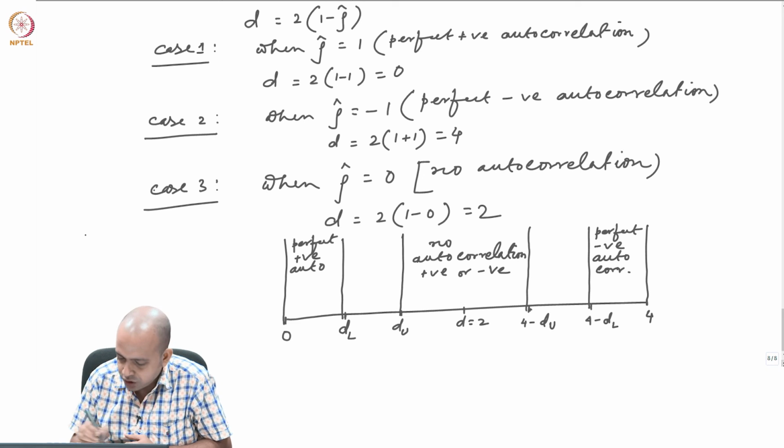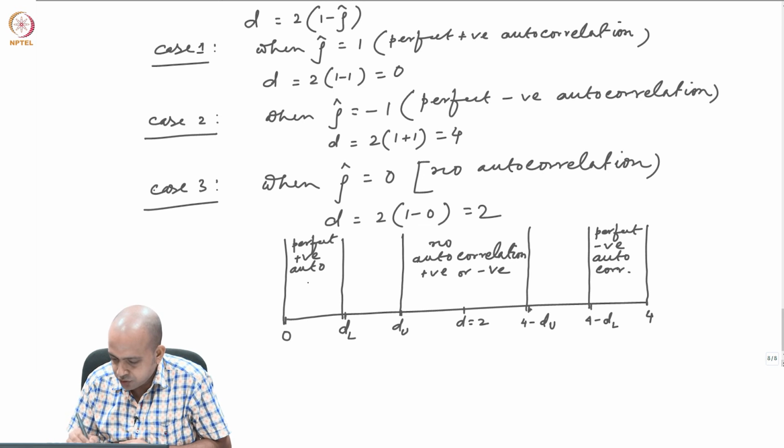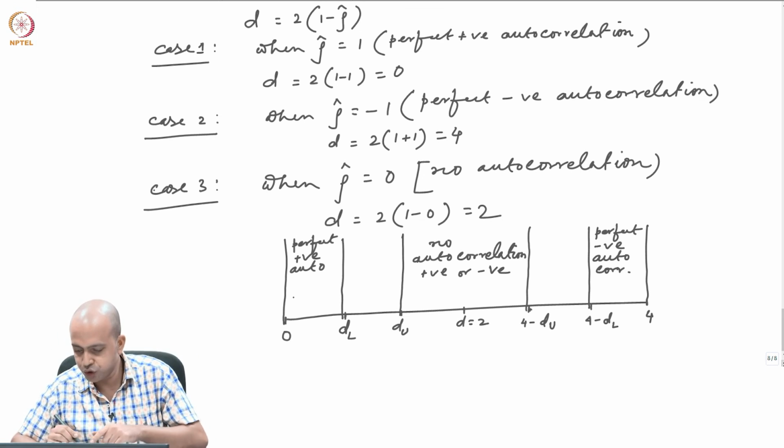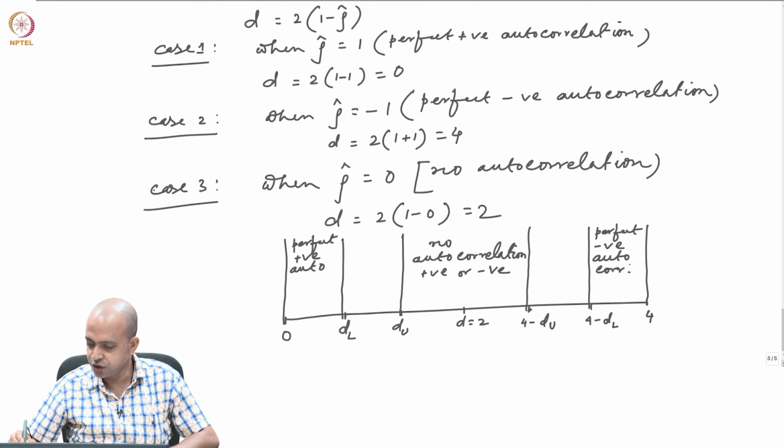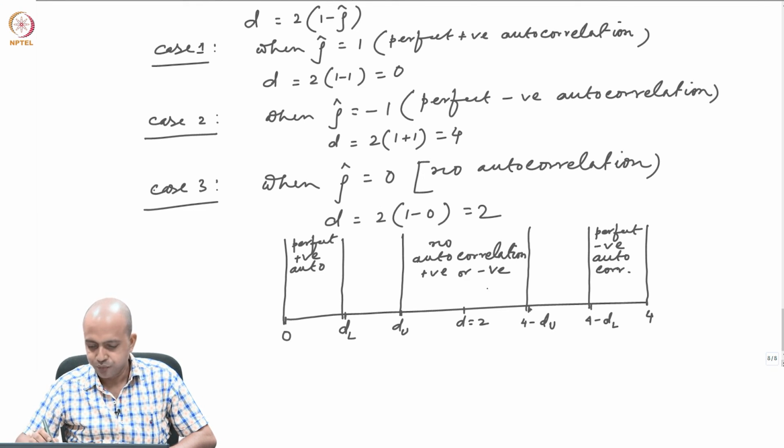So, sorry, here it is perfect positive autocorrelation, and then here it is perfect negative autocorrelation, okay, and here it is no autocorrelation, right.